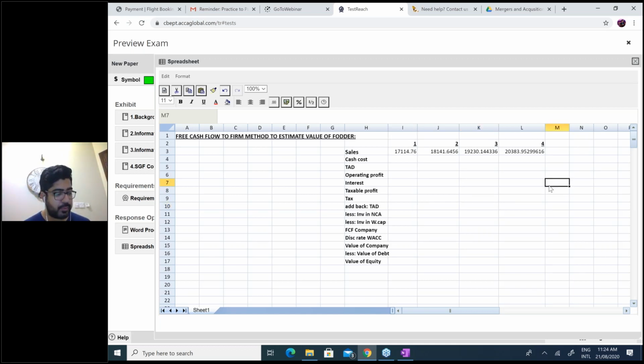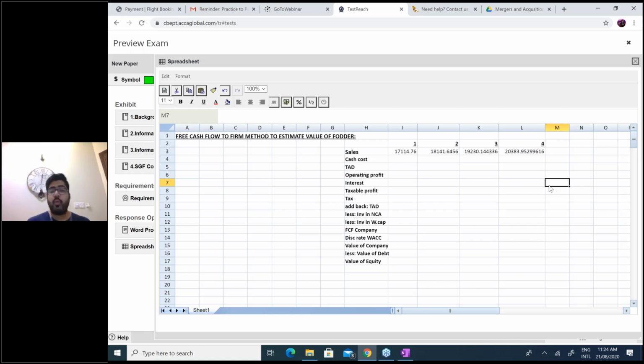So for the next 4 years, the question states that fodder's revenue will grow at the same rate as previous years, 6%. So 17114, 18141, 19231, and 20383.